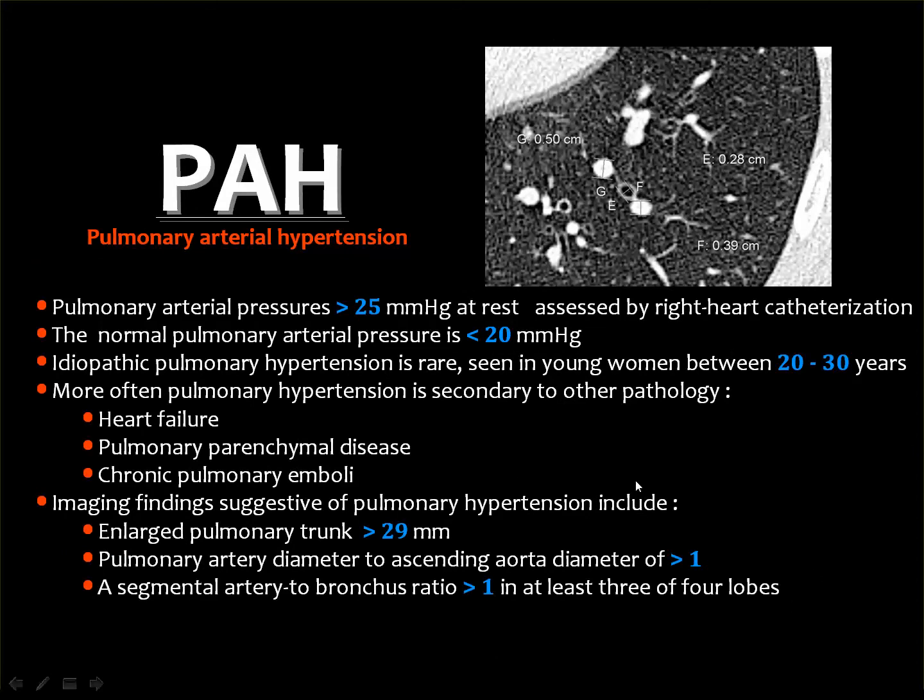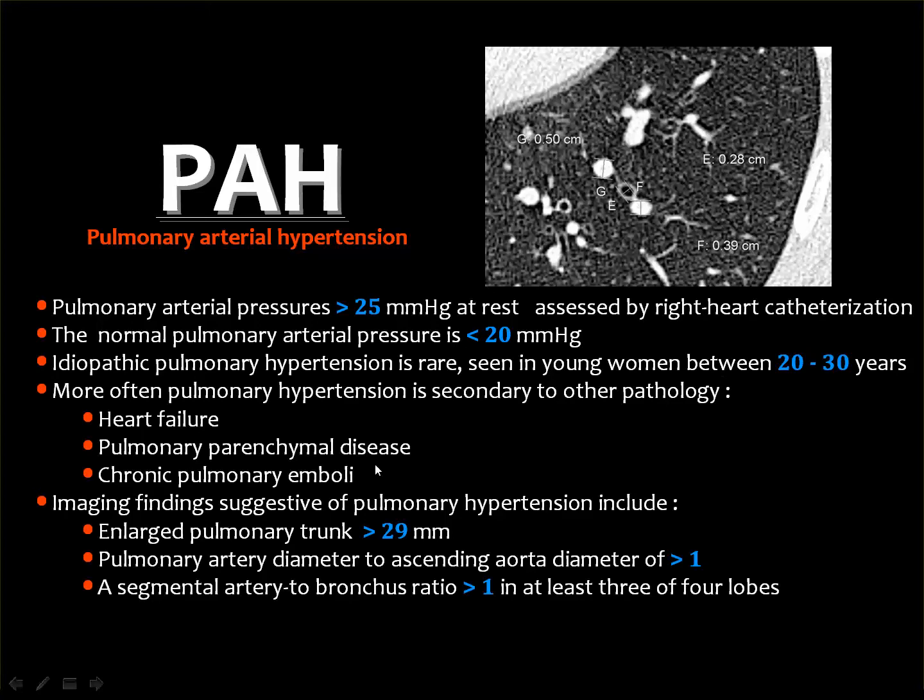Then we came to pulmonary arterial hypertension, where the pulmonary arterial pressure is elevated. The normal pressure is less than 20 millimeters of mercury, while pulmonary arterial hypertension is diagnosed when the pulmonary arterial pressure is more than 25 millimeters of mercury, as measured by right-sided cardiac catheterization.